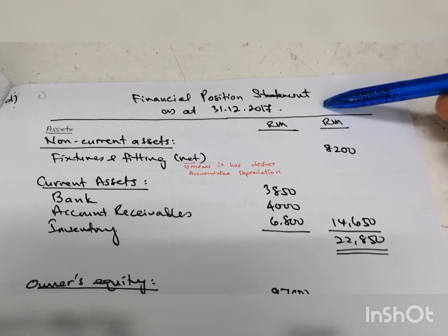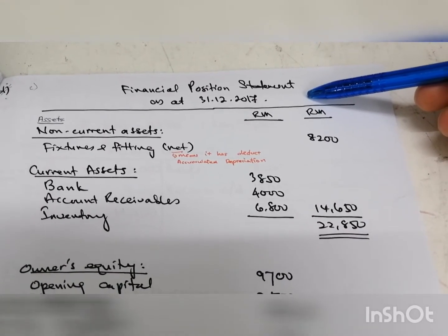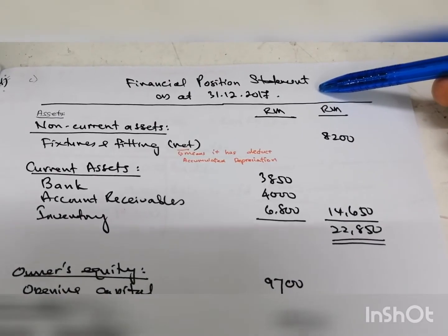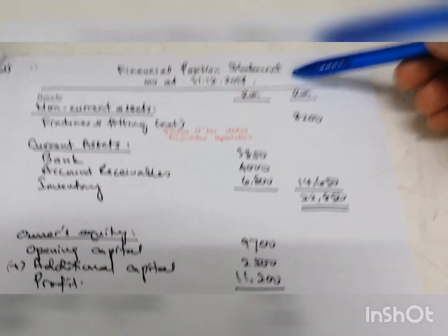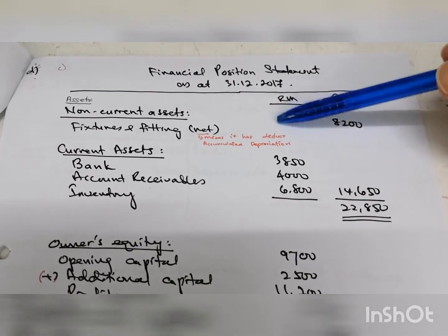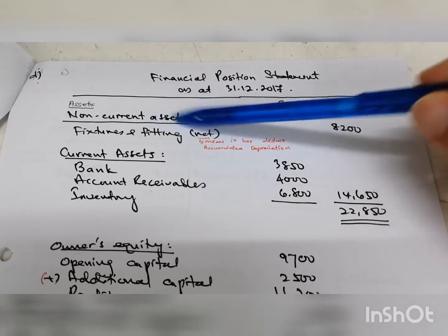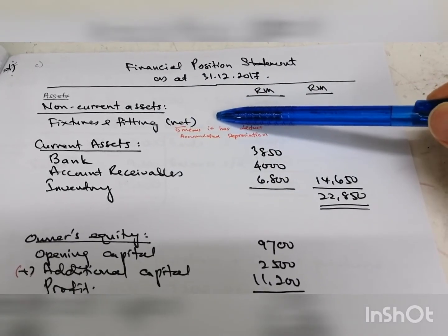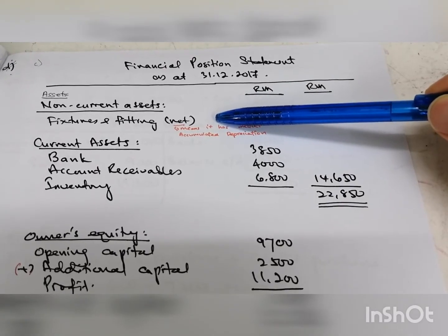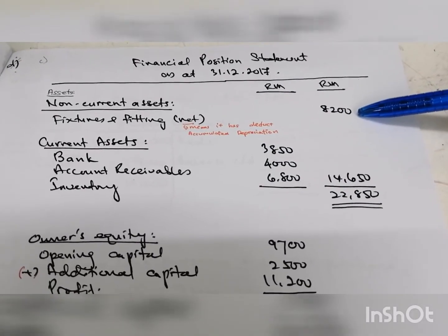Question C asks you to prepare a statement of financial position for the period. So remember, this is the statement of financial position. How are you going to do it? First, find out the assets. In the assets, we have non-current asset, that is fixtures and fittings in net, 8,200.